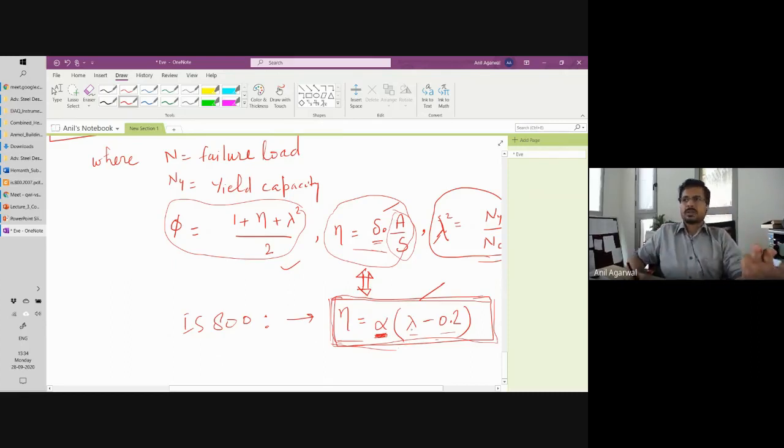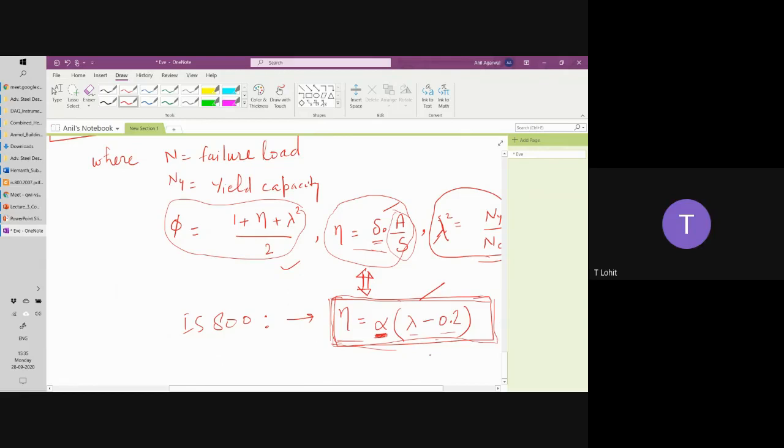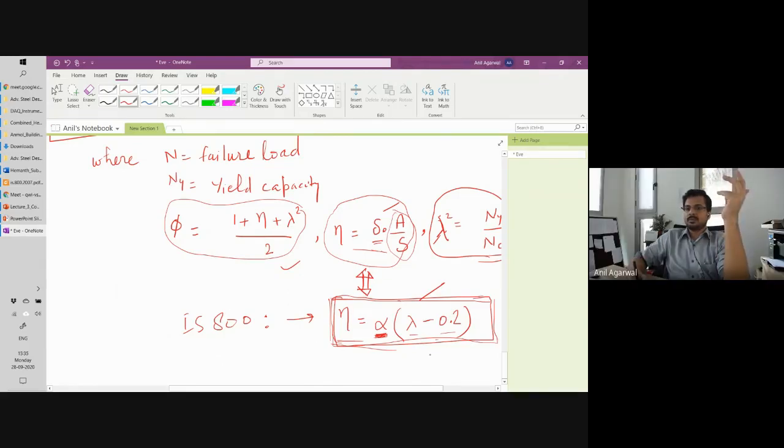You can call it imperfection factor, but you should be clear in your mind that this total expression, alpha times lambda minus 0.2, accounts for two effects. Which are those two effects? Residual stress and imperfection, both. So our Indian code does not mention eta anywhere.